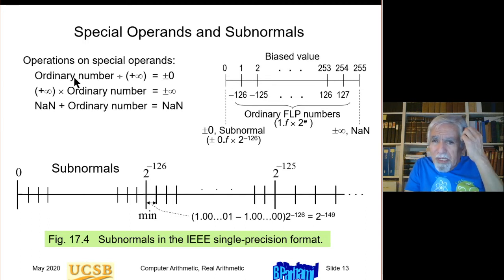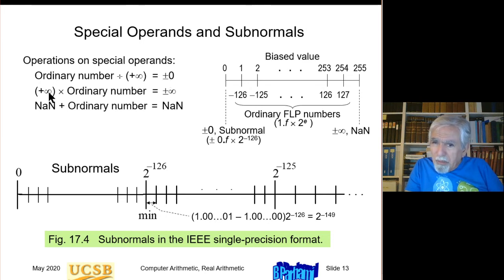Okay, an ordinary number is basically anything other than 0 or plus or minus infinity. When you divide an ordinary number by plus infinity, you get plus or minus 0 depending on the sign of this ordinary number. Anything divided by infinity is 0 with the appropriate sign.